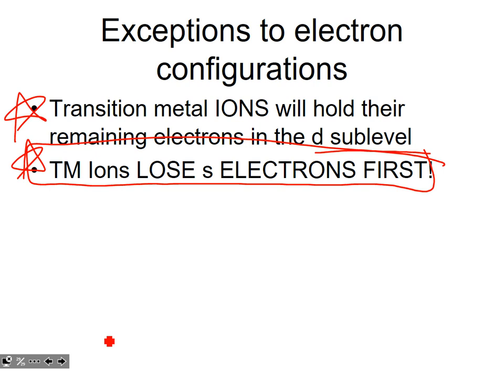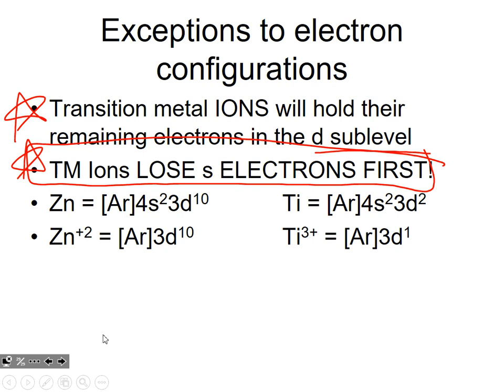So an example of this, what I mean by this, is zinc and titanium. The zinc electron configuration for the atom is right here, 4s2 3d10. So when this becomes an ion, you are not going to touch anything in 3d10 first, right? Zinc has a +2 charge. What it means is we are going to lose these suckers.